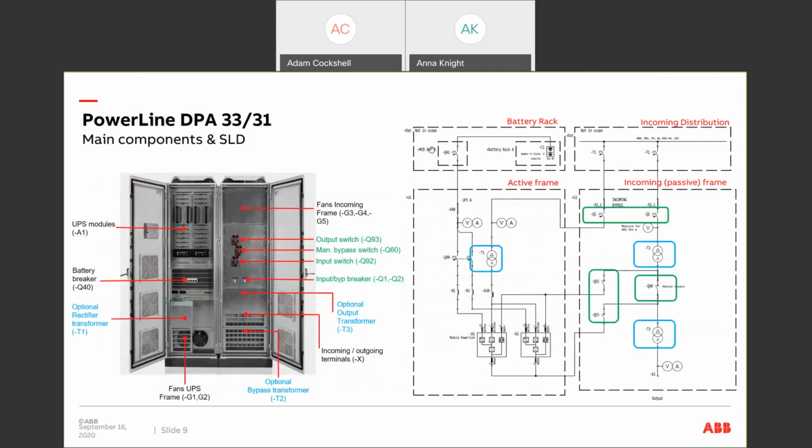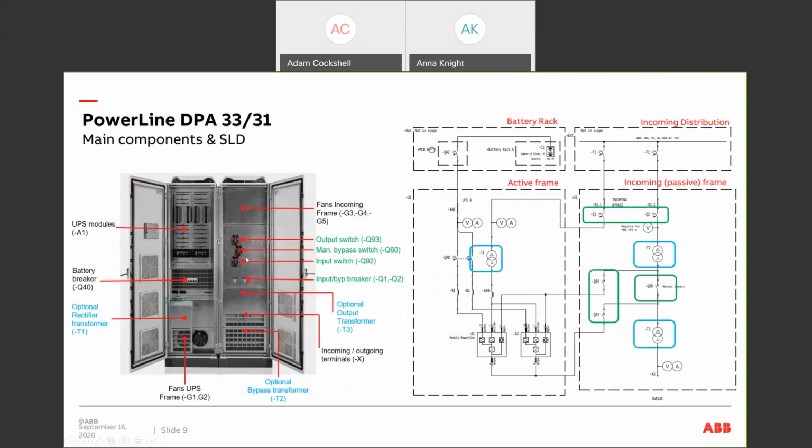Now for a bit of an understanding, opening the doors up and seeing exactly how this UPS comes together. As you can see over here, we've got a 40 kilowatt module. The module itself has its own display, and right next to it is another 40 kilowatt module. So this is what's called the active side of the frame. On this side here, this is what's called the passive side of the frame.